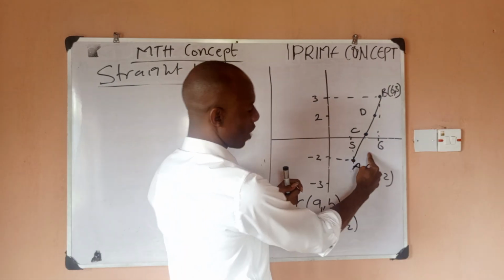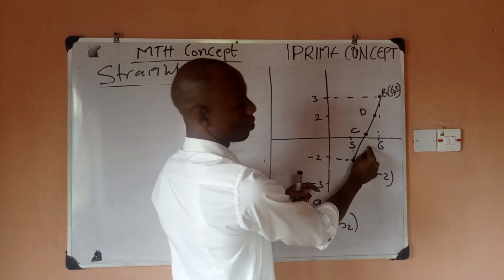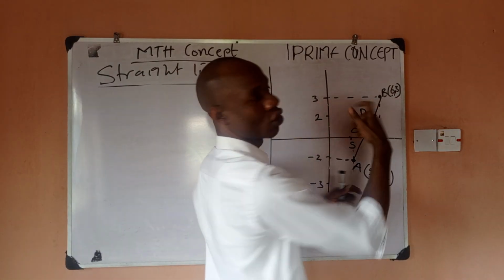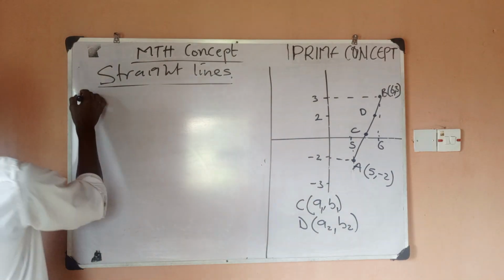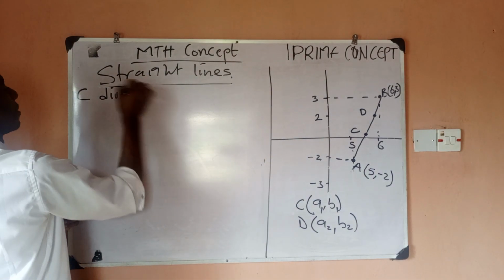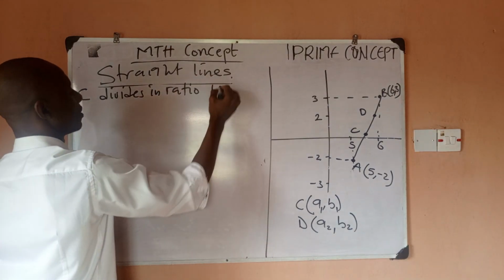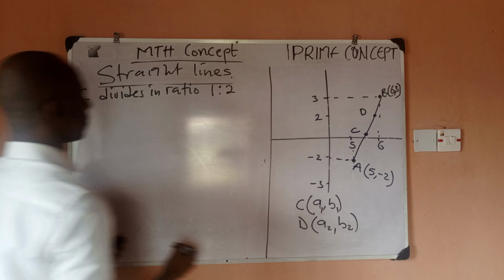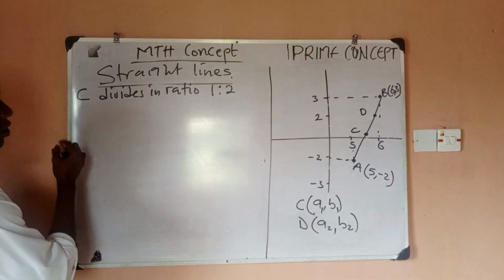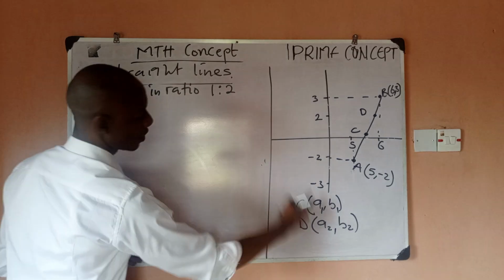Because if this is 1, this is 1, this is 1, then AC is going to be 1, then C to B is going to be 2, right? So point C divides in ratio 1:2, right?